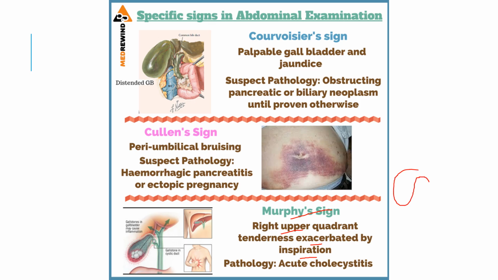So this is cholecystitis versus cholangitis. I'll quickly show the difference. This is the gallbladder, and this is the cystic duct. The cystic duct is the gallbladder duct, and this is the right and left hepatic duct, which is coming down.